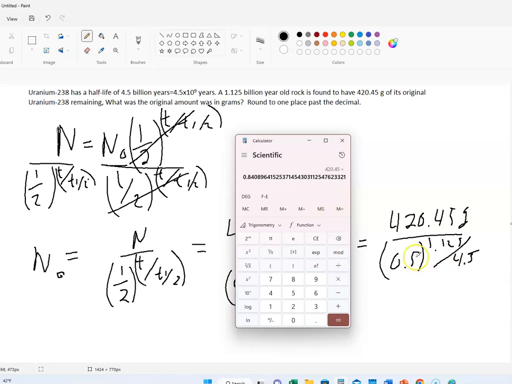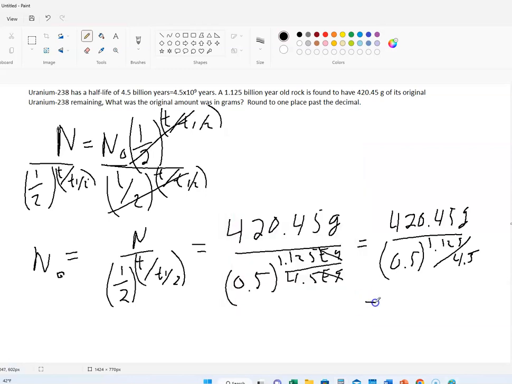See, there's the number, and that's the amount that you started with. Rounding it to two places past the decimal, it would be just 500.00. The answer is 500.00 grams.